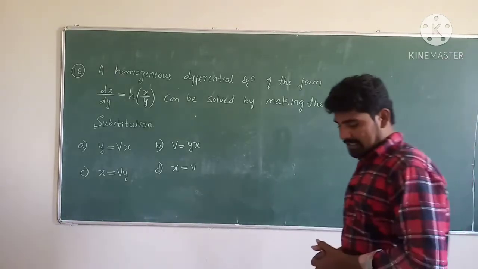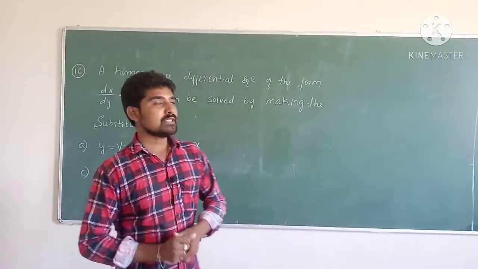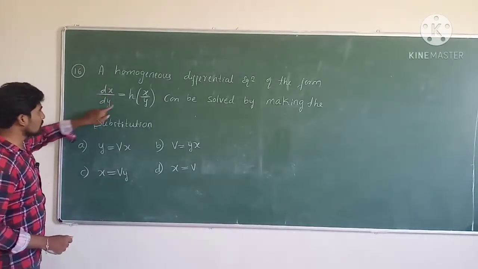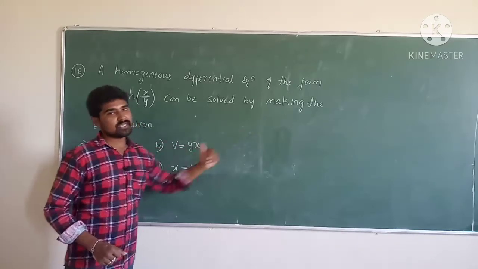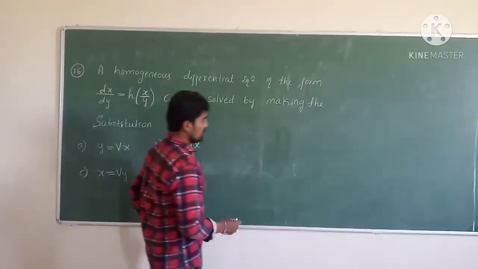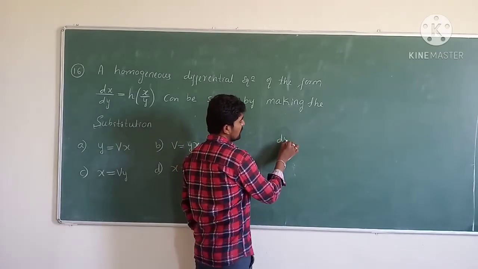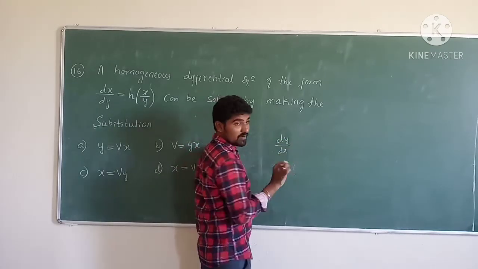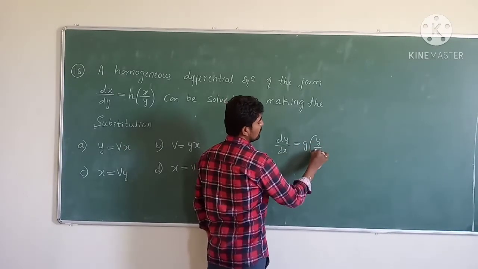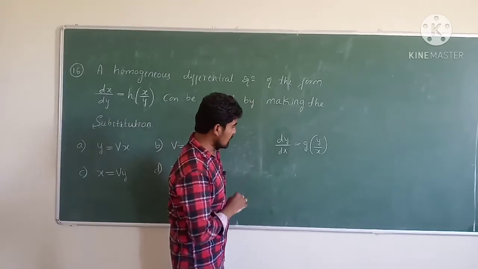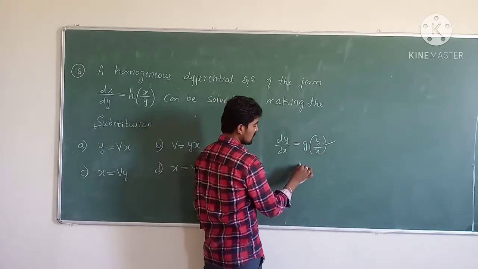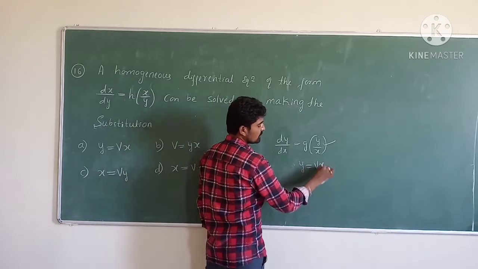Now question number 16: a homogeneous differential equation of the form dx by dy can be solved by making the substitution. As you know, any differential equation of the form dy by dx which consists of terms of the form y by x can be solved by using the substitution y is equal to vx.